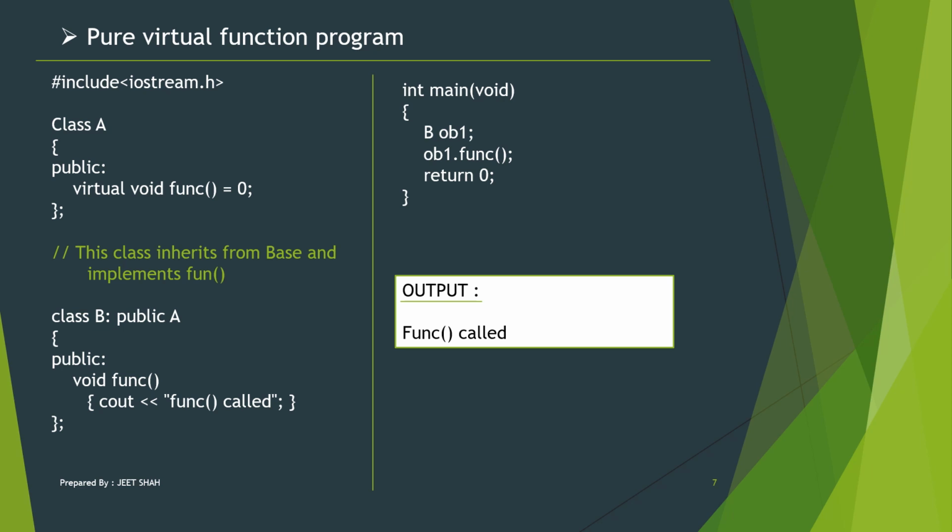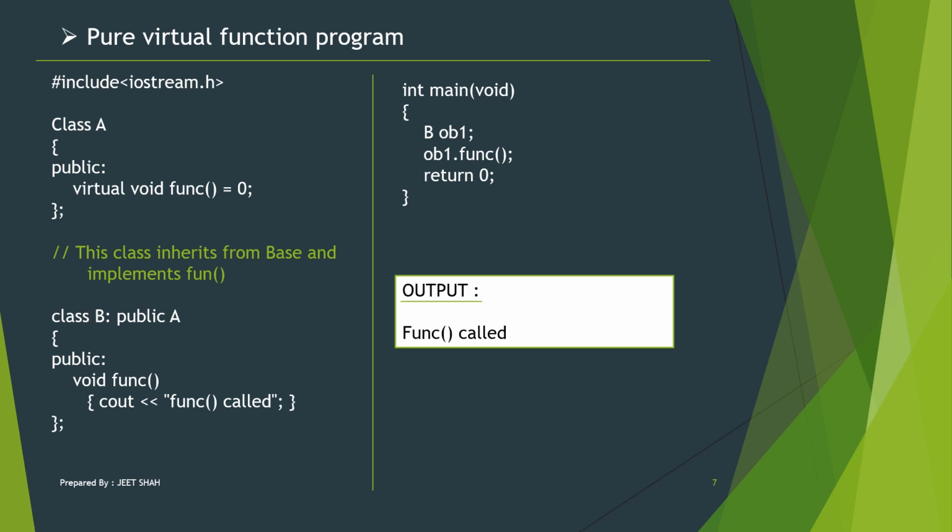Now we publicly derive class A into class B, and under the public section of class B we write the same function void func, and it contains the body of the function. So as we discussed earlier, the abstract class or base class will contain only the declaration of the function, while the body of the virtual function will be in the derived class.